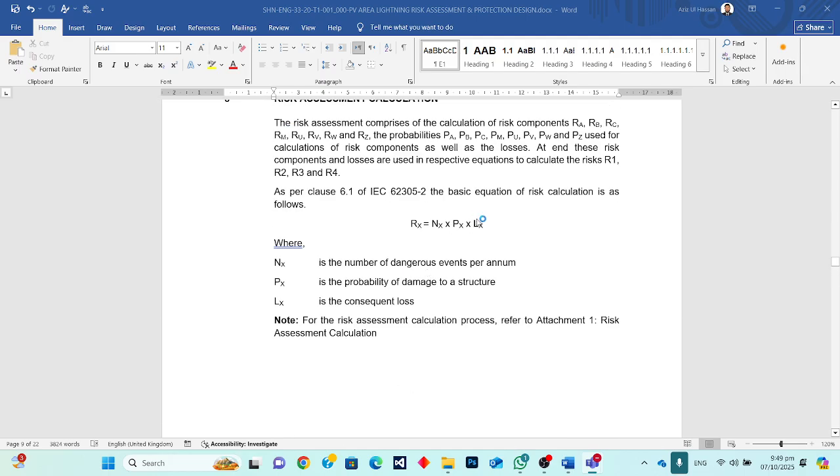This is the process. I will continue this class tomorrow. Basically, I will share this document with all of you in the group, so you can study this document. And if you have any questions, you can ask me. And if you have any specific region, we will calculate our risk assessment.